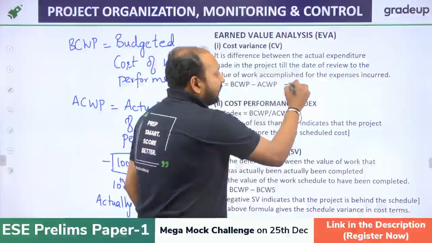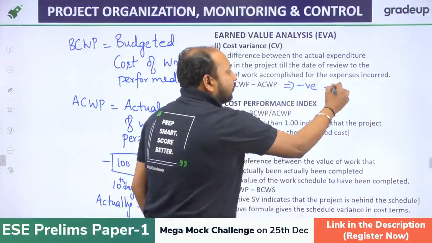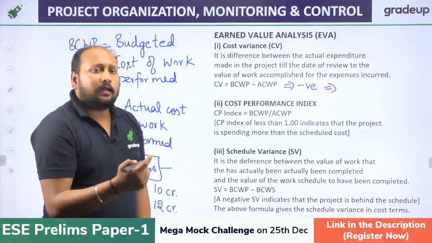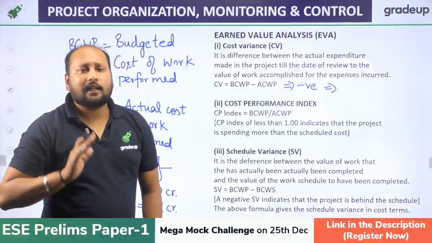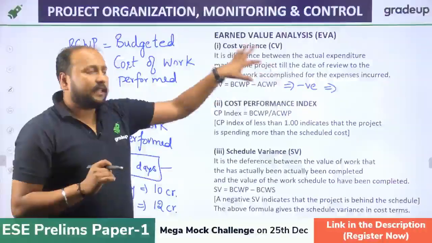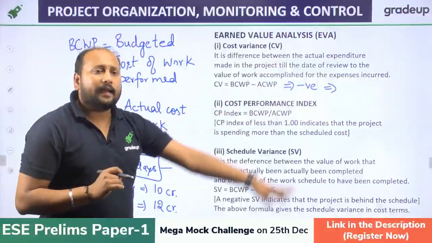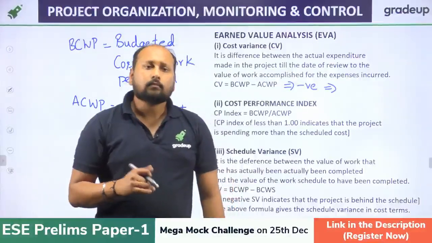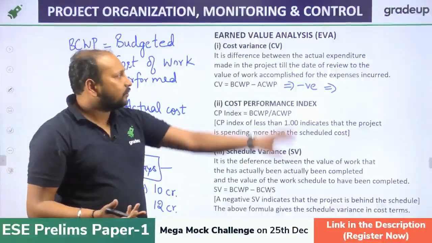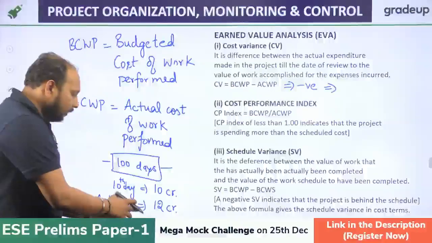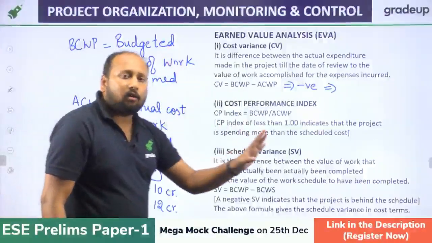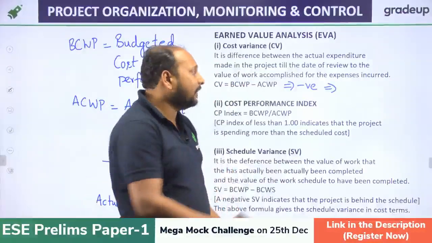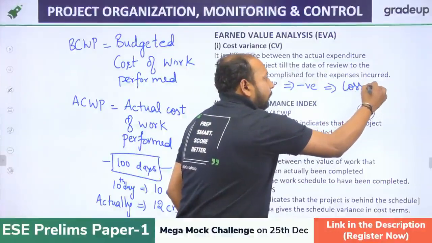Are you moving in a profitable inclination or loss inclination? Loss. Clear? It's very easy to understand. On day 10 you planned 10 crore, but actually 12 crore has been consumed, so you are in excess by 2 crore. So we are in the loss phase.